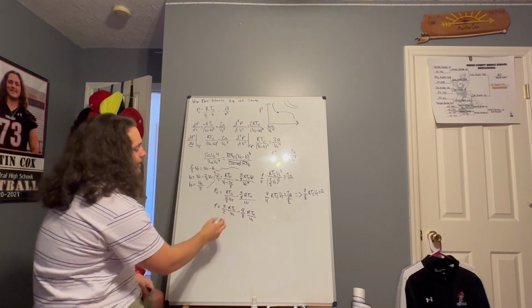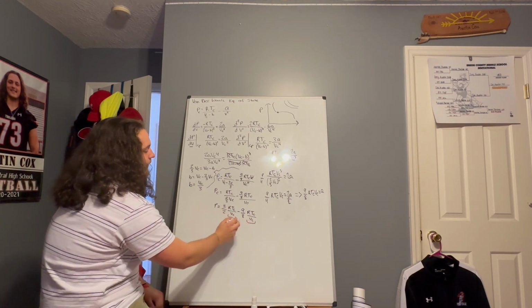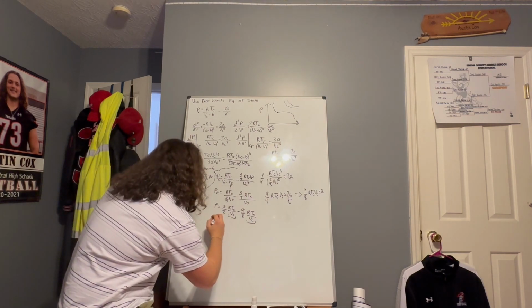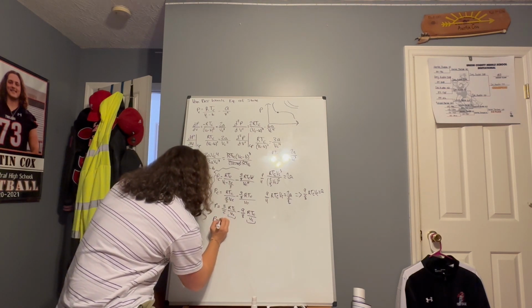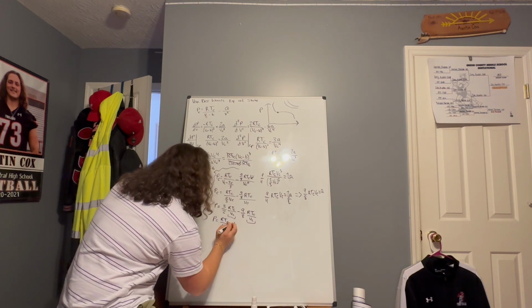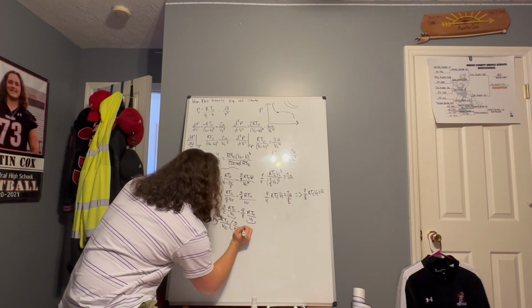And from here you can see that these two terms here have this RTC over VC multiplied by them. So we can factor this out, so we get P equals RTC over VC times 3/2 minus 9/8.